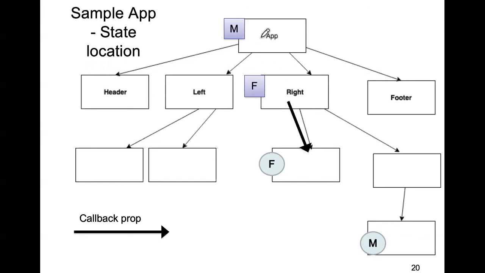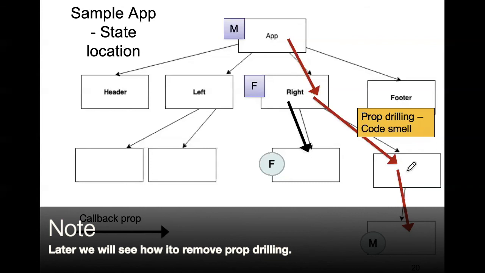But this component needs to know about the change in the movie selection. So it needs to pass a callback function from this component to this one, to this one, to this one. Now the function that's being passed down here, only this component actually uses it. These intermediate ones don't use it at all. And that's not a nice design, that is a design flaw. It's referred to as prop drilling.